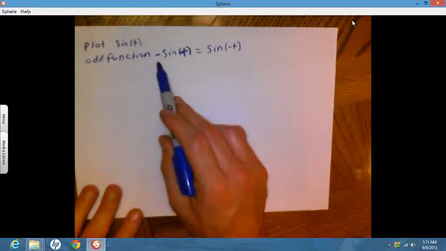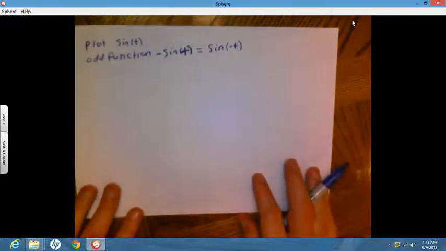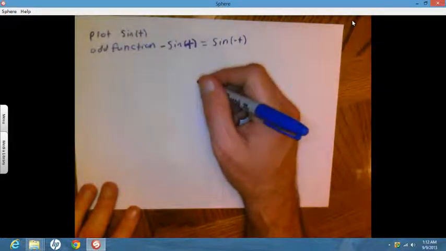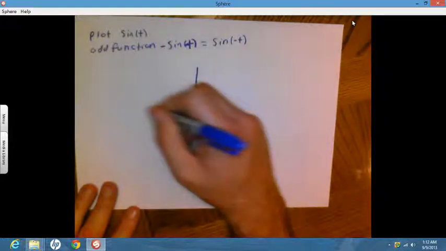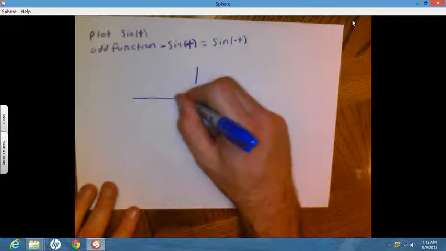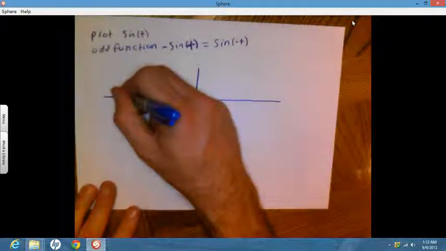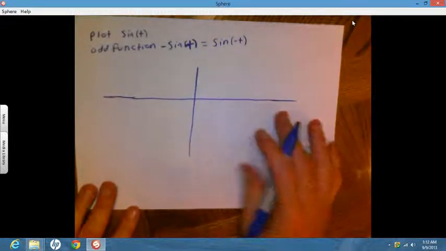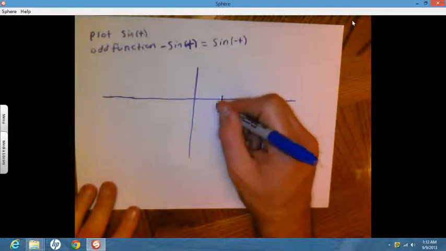And let's go ahead and graph this now. Okay, and to give you a basic idea of what it looks like, we start out with 0 in the middle, and I'm going to do pi over 2, and I'm going to do pi, and I'm going to do 3 pi over 2, and I'm going to do 2 pi.